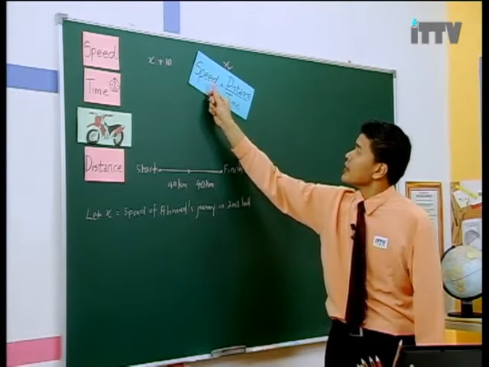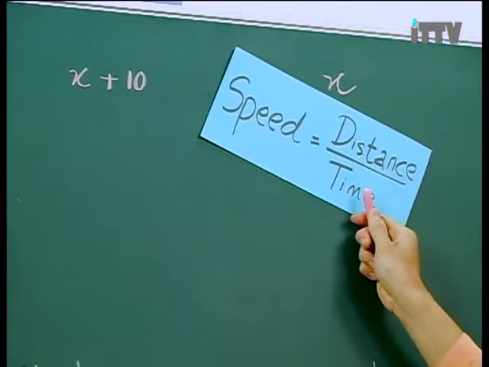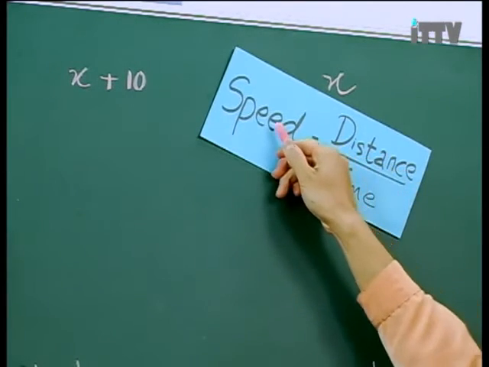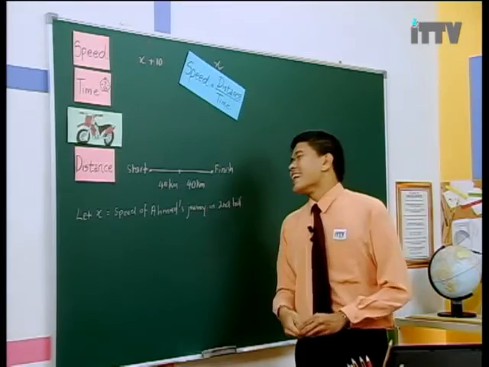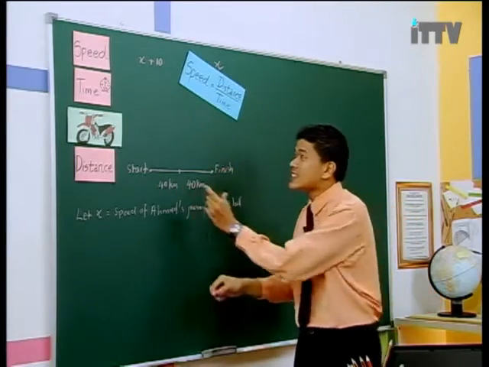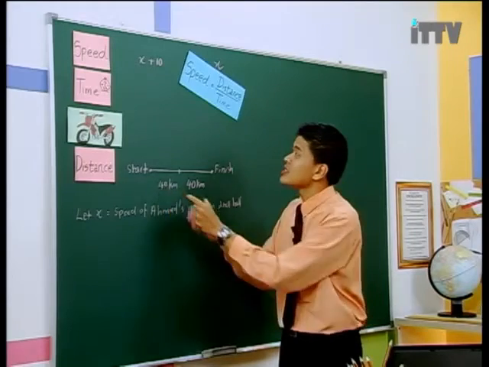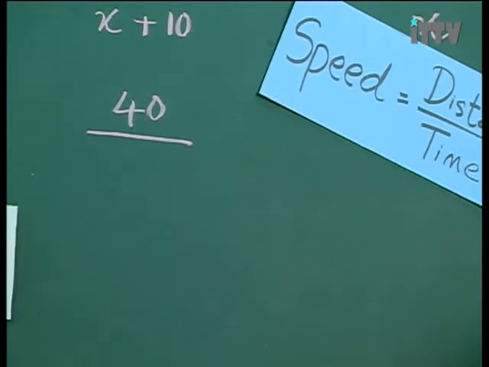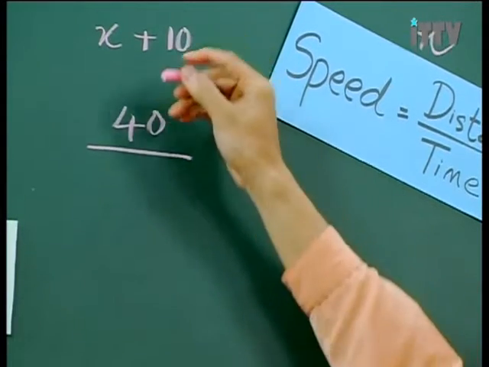Alright, now let's look at the formula relating speed, distance and time. If speed equals distance over time, time will be distance over speed. So, the time taken to travel in the first half is the distance, which is 40 kilometers, over the speed in terms of x, which is x plus 10.